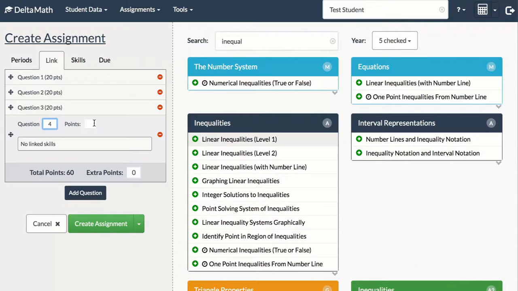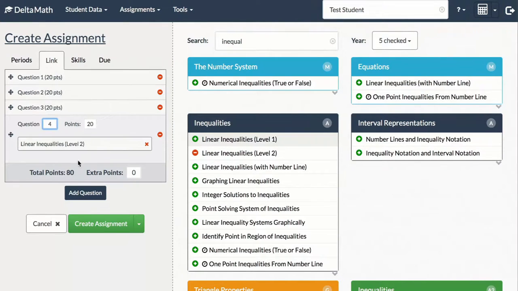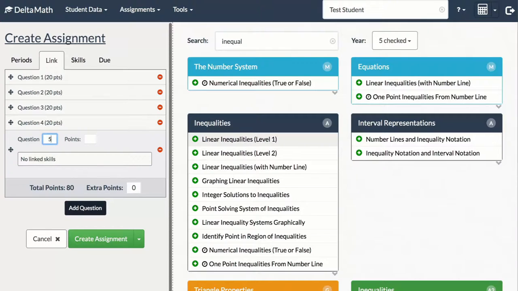Question 4, let's just say, was also linear inequalities level 2. I'm going to show the significance of having two questions with the same skill linked to it. And question 5 was 20 points, and it was identifying a point in the regions of inequalities. So if there was extra credit, you should say here so that the students' points add up.